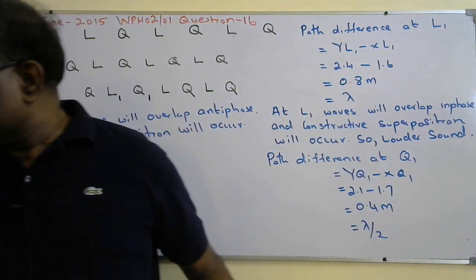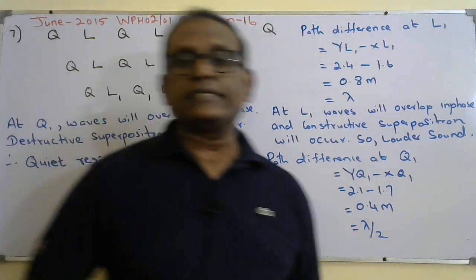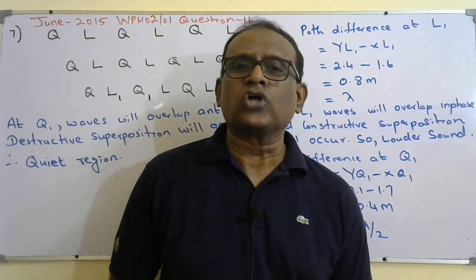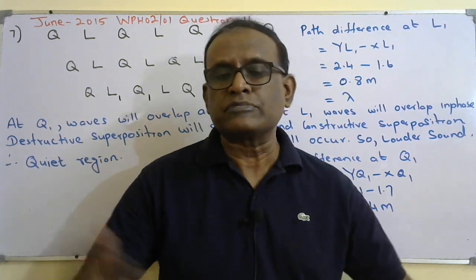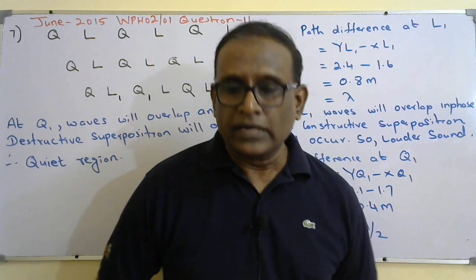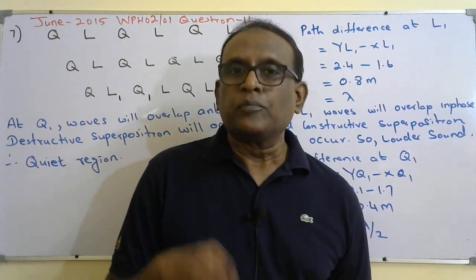Whenever there is an explanation-type question related to superposition, the only thing you need to talk about is path difference. You should say the waves are diffracted through the gaps between the rocks and they overlap at a point.